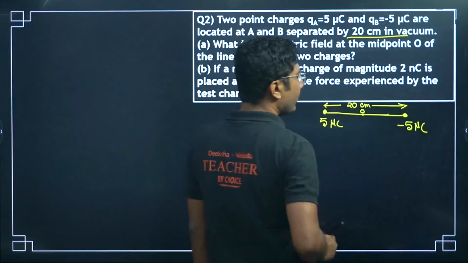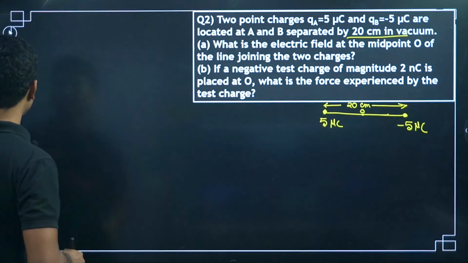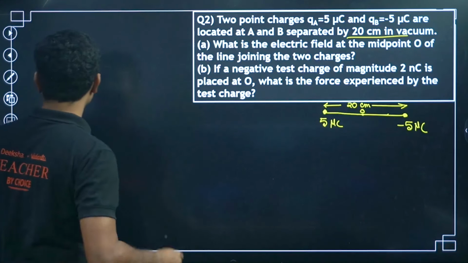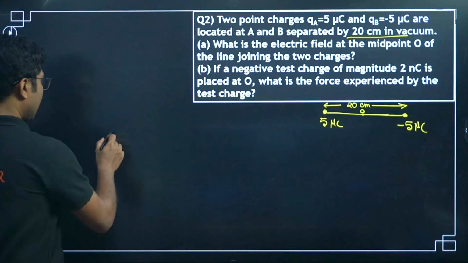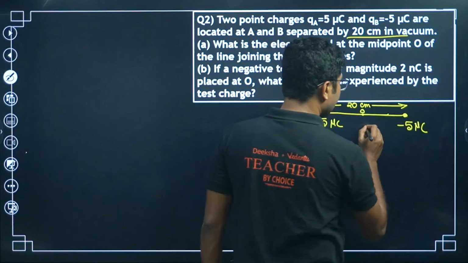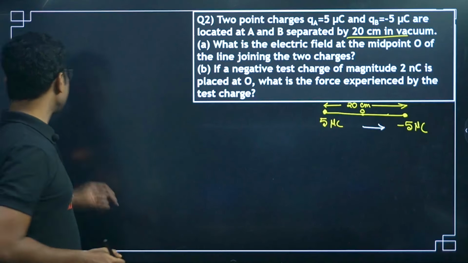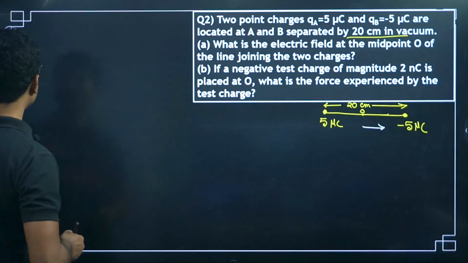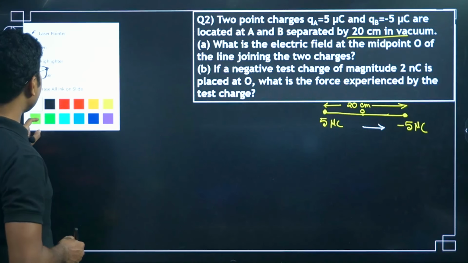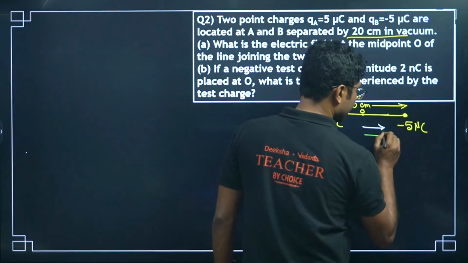Now how to calculate that? For that, we have to use a simple concept: electric field due to a positive charge is always away from the charge, and electric field due to a negative charge is always towards the charge.